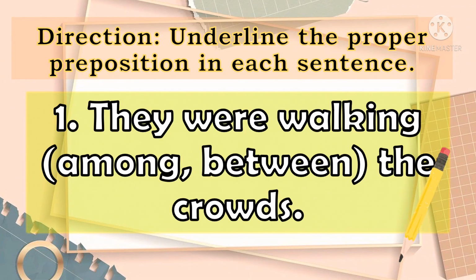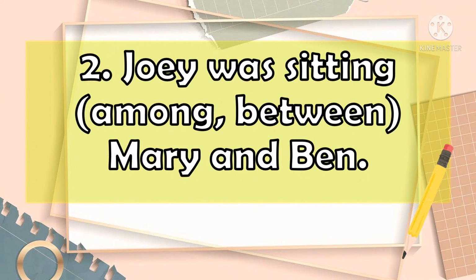Number 1. They were walking blank the crowds. What is the correct answer? Very good. It's among. They were walking among the crowds. Number 2. Joey was sitting blank Mary and Ben. What word should be underlined? Very good.